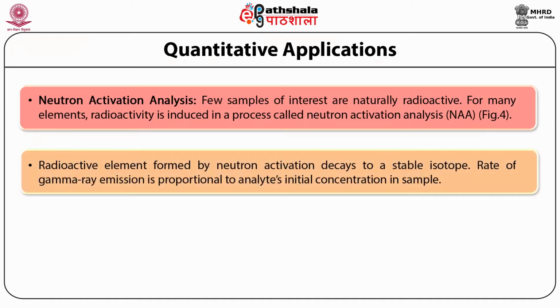The radioactive element formed by neutron activation decays to a stable isotope by emitting gamma rays and, if necessary, other nuclear particles. The rate of gamma ray emission is proportional to the analyte's initial concentration in the sample.